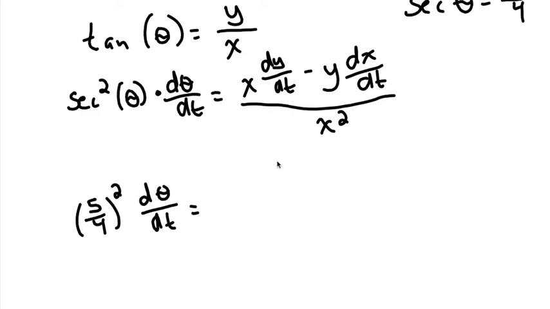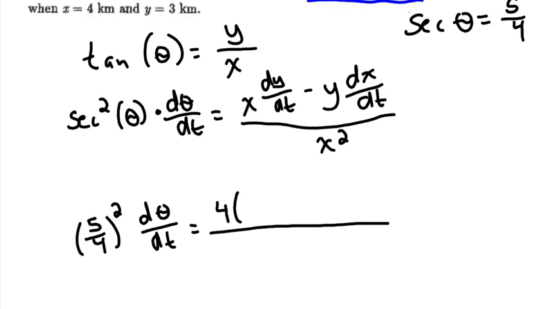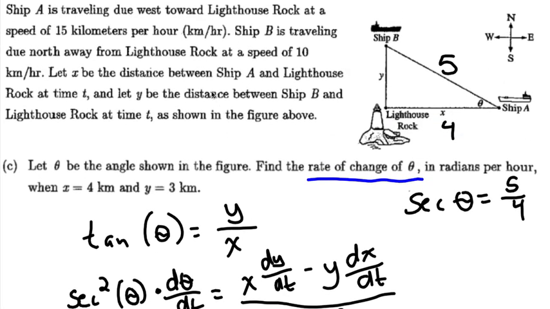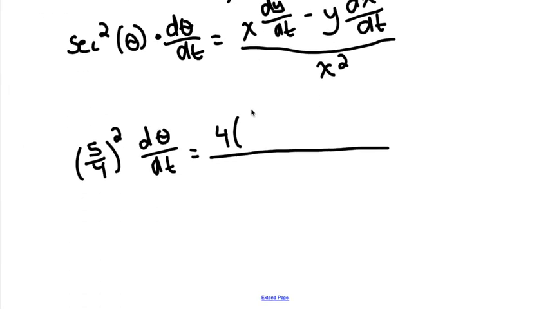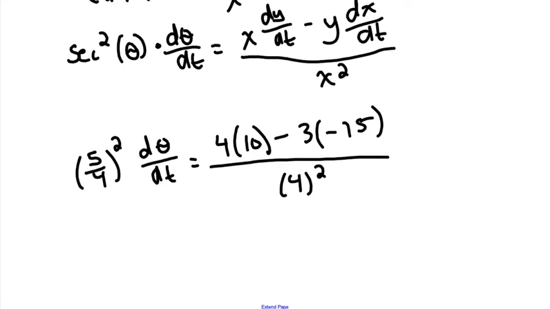Equals, and then my right-hand side, x was 4, dy dt. What was dy dt? It was 10, minus y was 3, dx dt was my -15, and then x squared is 4 squared, so that's going to be 16. Okay? So let's plug in all our numbers, and then we can just go through.